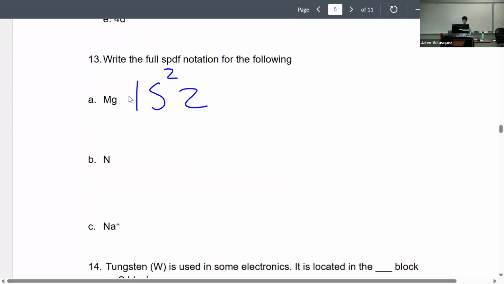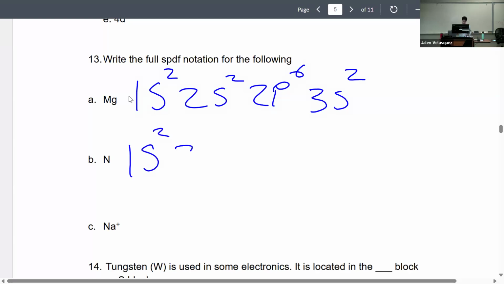Good, you get 1s2, 2s2, 2p6, and then 3s2. For nitrogen, you should have 1s2, 2s2, 2p3.